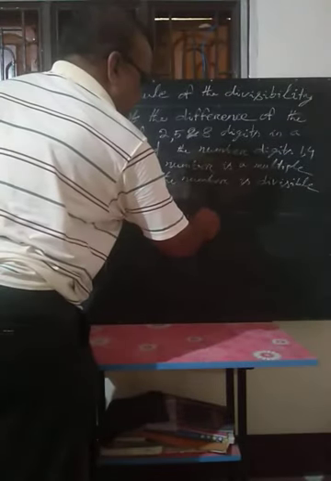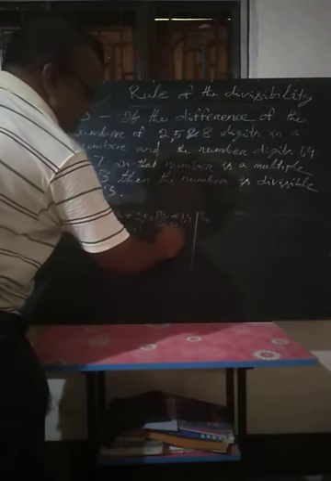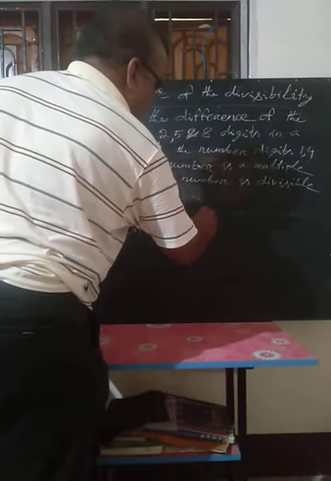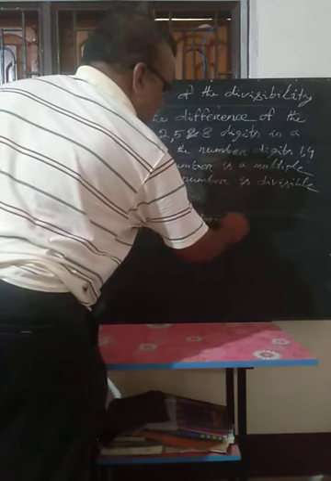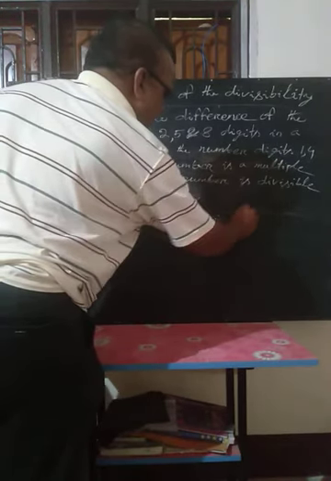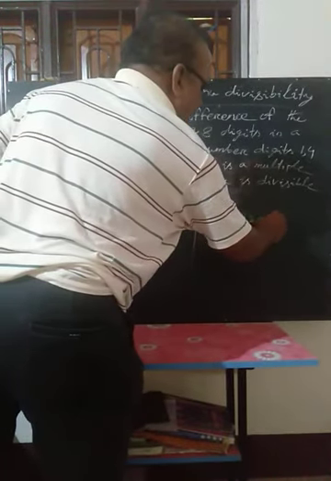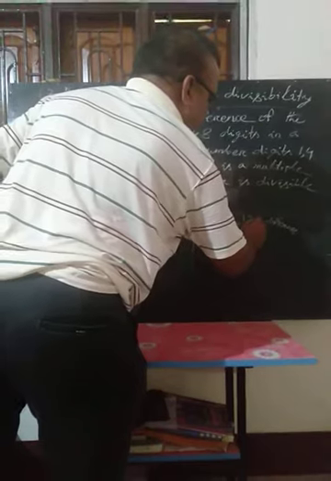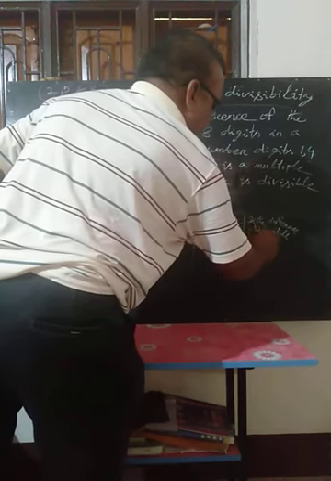Suppose the first is taken as A, the second is taken as B, then the difference of A and B. Is the difference divisible by 3?